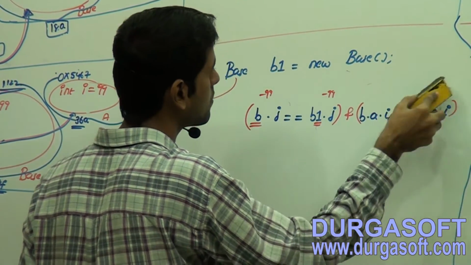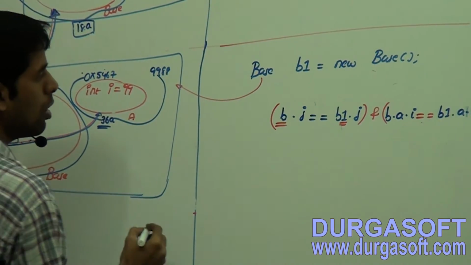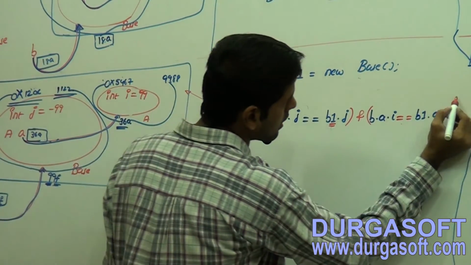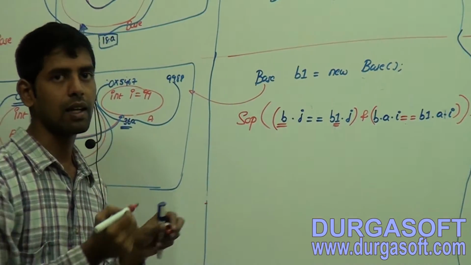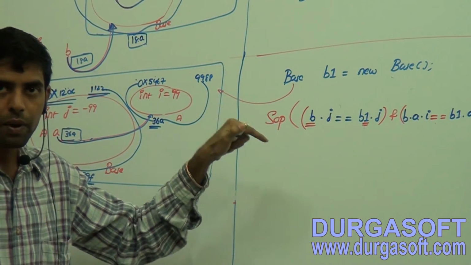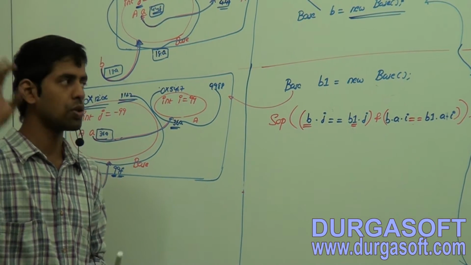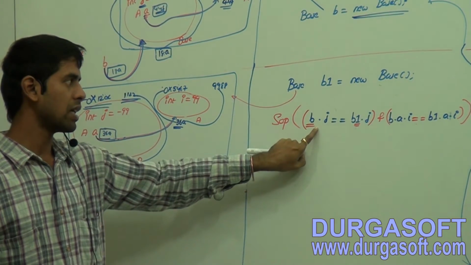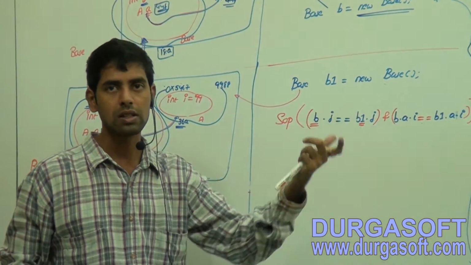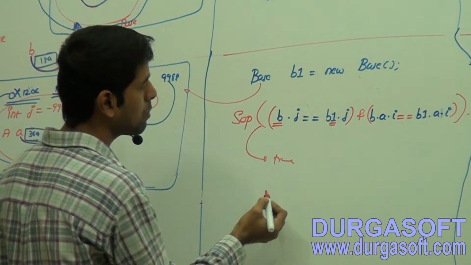Now observe this part carefully. Put everything within the SOP statement. What value is it going to return? Exactly, true. Why? Because this value and that value, this one and that one, are all the same. So it returns true.